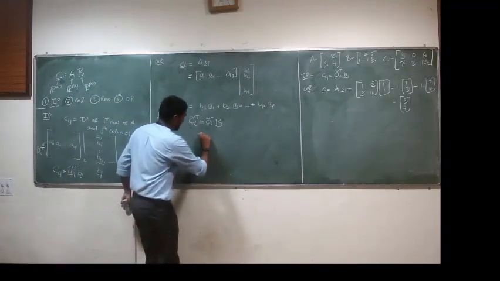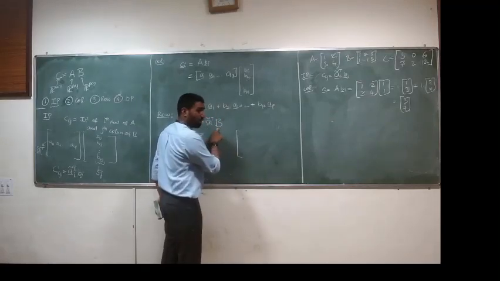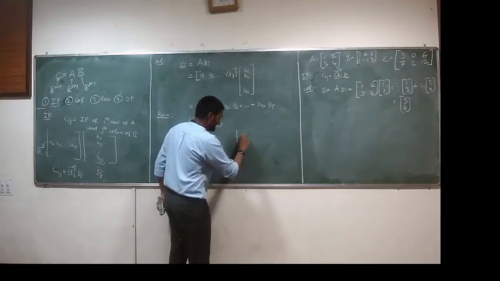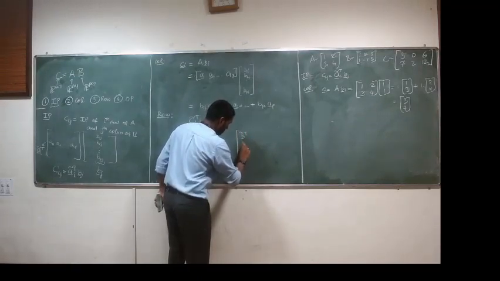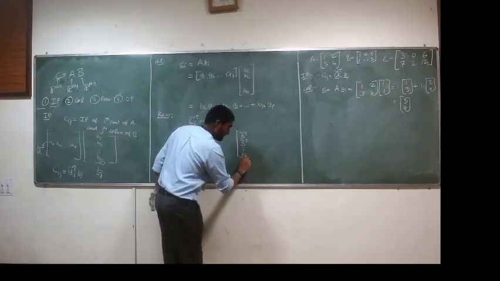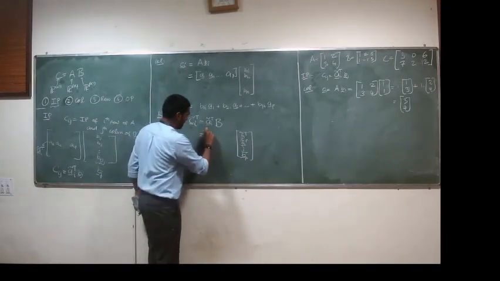Okay, let's write this down again. So we can write B, if you write this in the block matrix form in terms of row vectors, as B1 transpose, B2 transpose, and so on. How many rows do we have? What about the ith row?